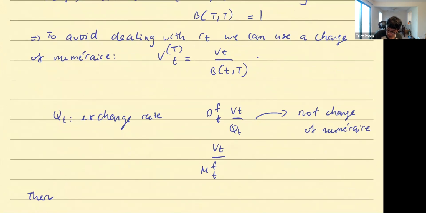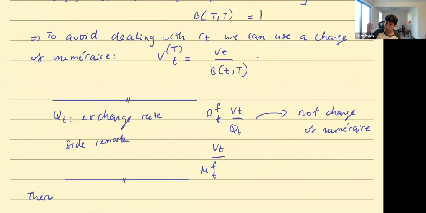This is just a diversion. If we define the change of numeraire using the bond price itself, then under this conversion it works like this.